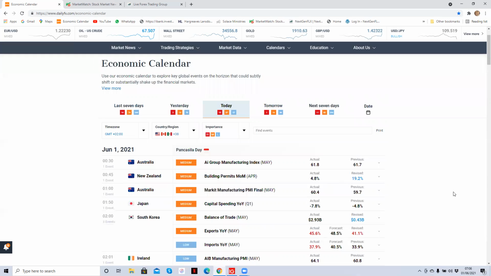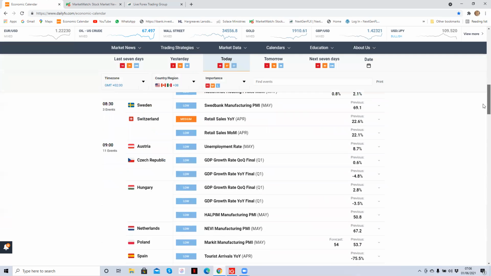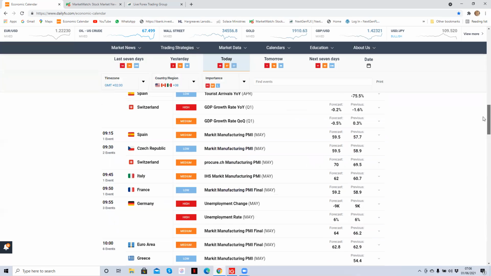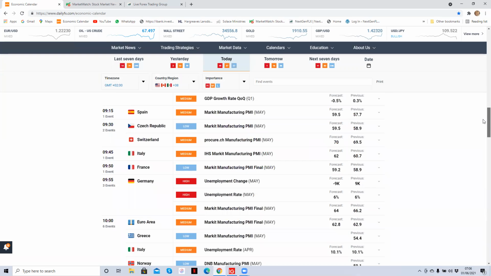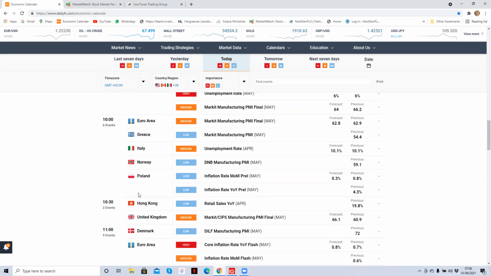Once you start trading multiple markets, you need to decide which report to be aware of for which currency pair you're trading. Today is a good example. So we'll start with the Euro US dollar. For today, the two reports of significance in relation to the Euro US dollar are the Germany unemployment rate at 9:55 and the euro area core inflation rate.